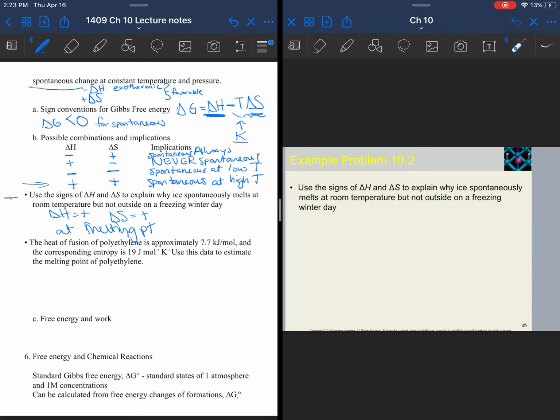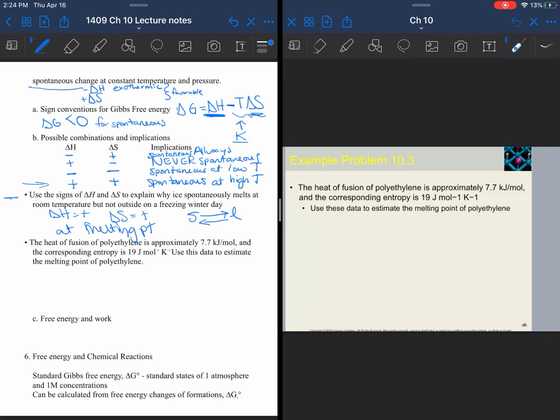Now, something that we need to know to answer the next question is that this is an equilibrium we're talking about, solid going to liquid. At high temperatures, it's spontaneous, but the reverse would not be. Liquid going to solid would have to be at a different temperature.